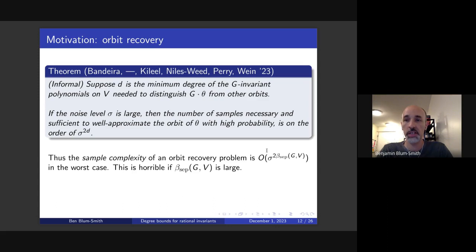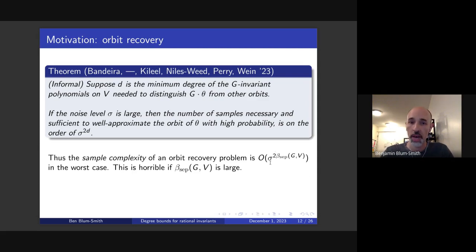The answer is the number of samples you need to see is on the order of the noise level to the 2D, where D is the minimum degree of the G-invariant polynomials that are able to distinguish that orbit from other orbits. So this is where the motivation is coming from.